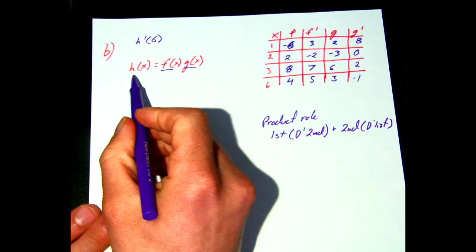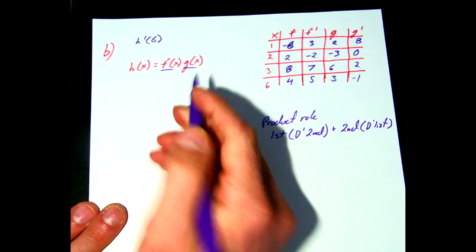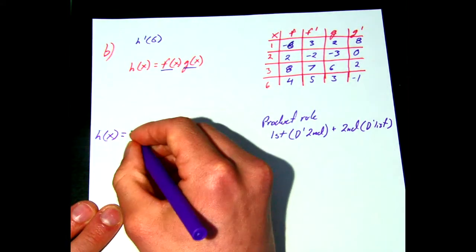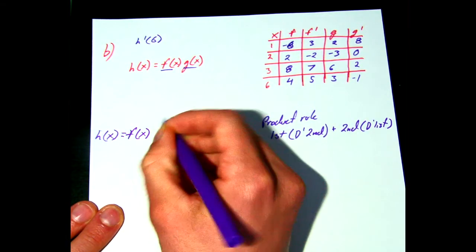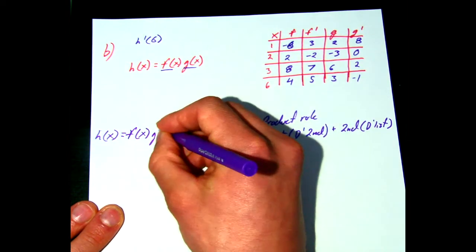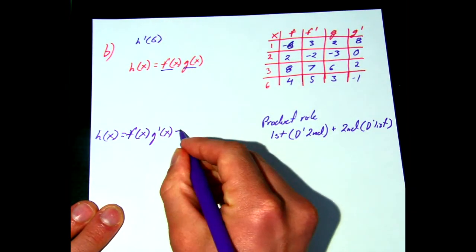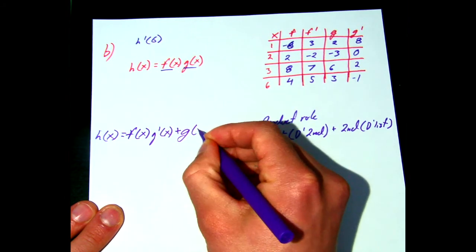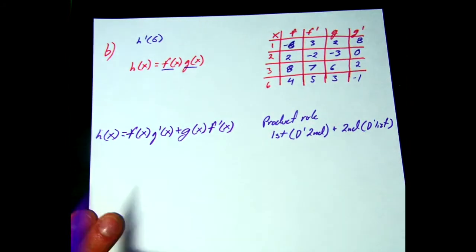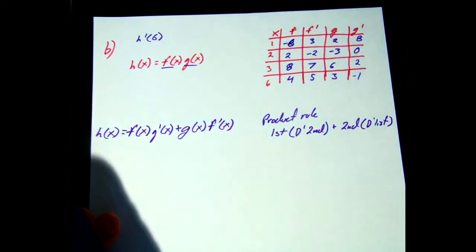So I've got my first and my second, so I'm going to write h prime of x is, the first thing is f of x times the derivative of g of x, which is g prime of x, plus g of x times f prime of x. First derivative second, second derivative first.